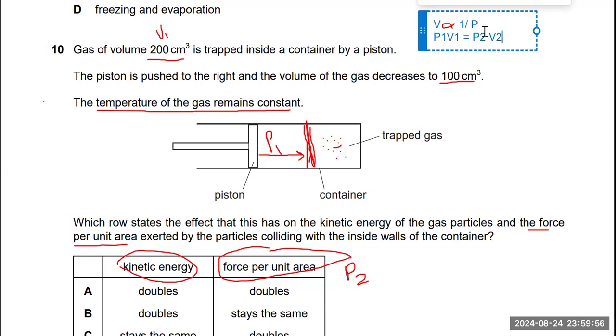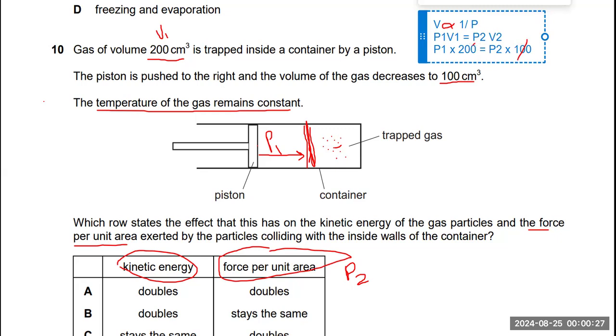So initial pressure he has given you is P1, and volume initially is 200 centimeter cube. I will write here only 200, equal to P2 times V2. When volume is decreased, the remaining volume is 100.